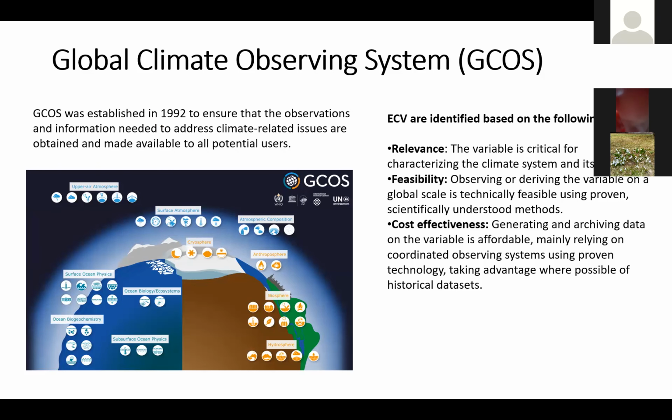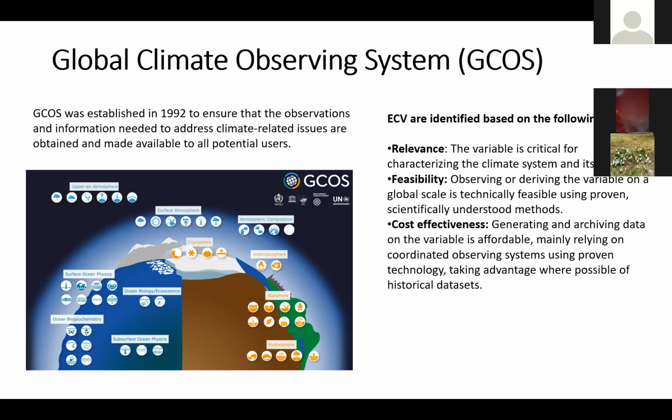A few words about the Global Climate Observing System. GCOS was established in 1992 to ensure that the observation information that we get from satellites is of the needed accuracy, and that the information is available to all potential users.